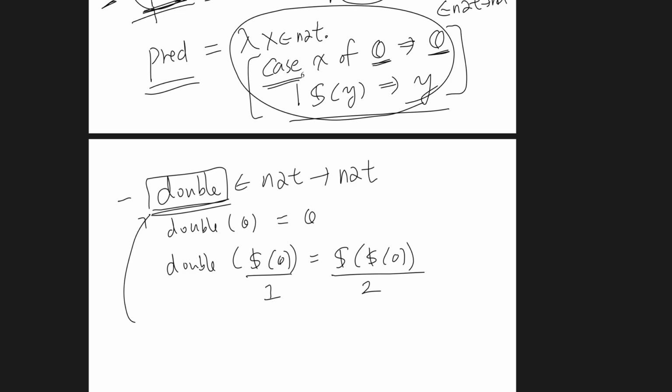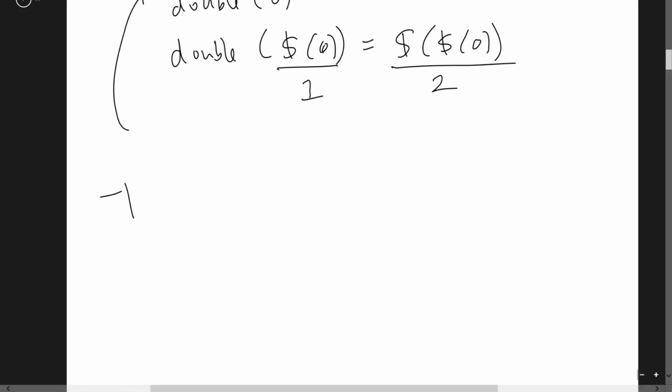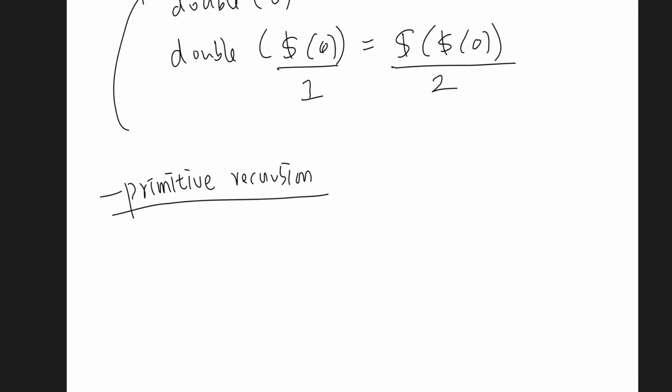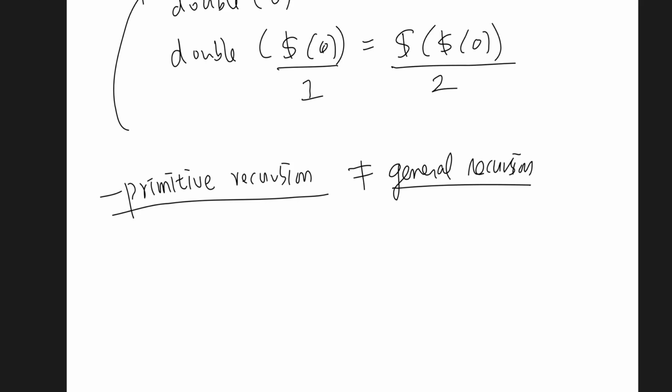So the last topic in the lecture today is primitive recursion. Primitive recursion is not actually a general form of recursion. It is a special case of recursion where a recursive call is made with a strictly smaller argument.